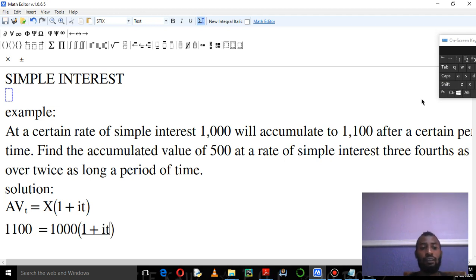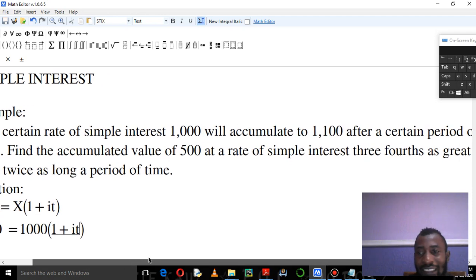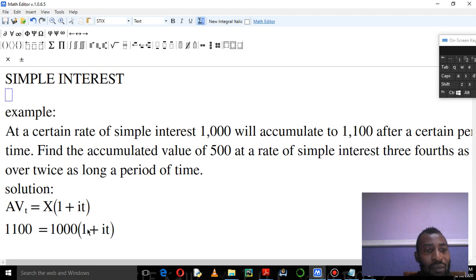Do you understand? We are not given our I, we are not given our T. We are just given the original investment, the accumulated value, and we were told after a certain period of time, at a certain rate of interest. So what you will do in this type of question is firstly arrive at your IT.